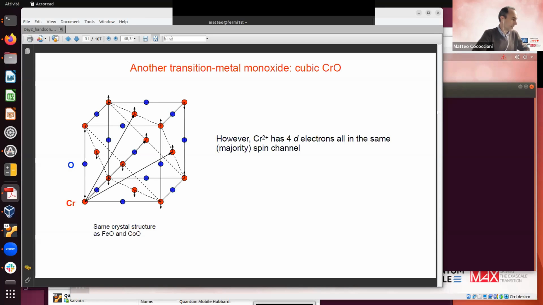So they tend to align their spin, and that would be the majority spin channel, as we will see in a second, also from the output of our calculations. And of course, as I mentioned before, one of the chromium will have spin up, the other one will have spin down, and that's how we render this antiferromagnetic ground state.